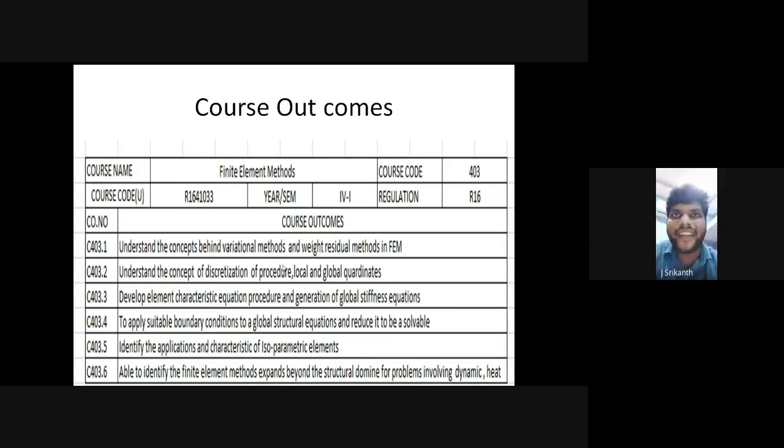The finite element method is the third stage in our mechanical department. Stage number 1 is engineering mechanics, stage number 2 is strength of materials, and stage number 3 is finite element methods.